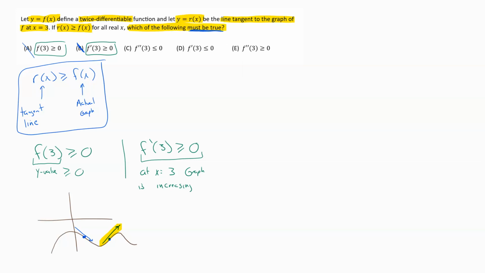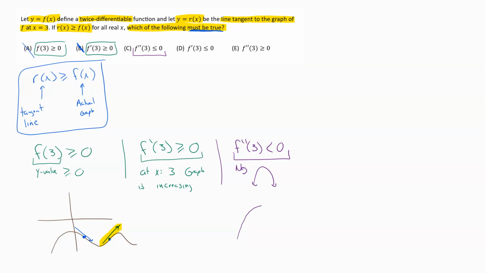Looking at C, C is now saying to us that our second derivative at 3 is less than 0. And so second derivative is telling us about concavity. A negative second derivative is telling us that our graph has to be concave down like a frown.